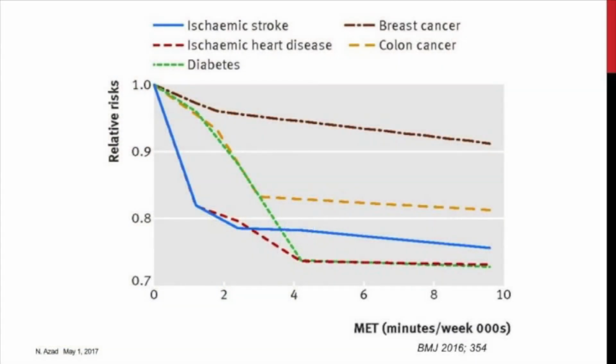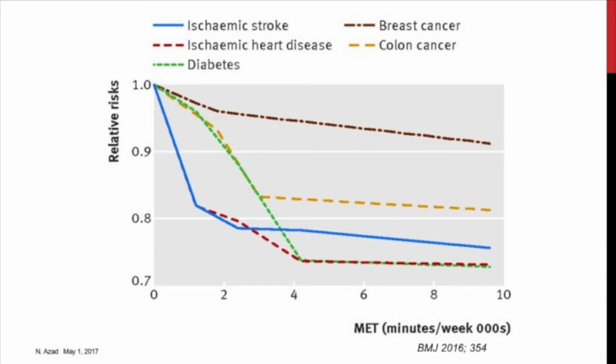This publication in BMJ last year looks at energy consumption, in other words exercise, intensity of the exercise, and chronic diseases. So what you see is that the more physically active you are, MET over 4, the better. If you're just sitting day to day, you're consuming your basal metabolic rate.